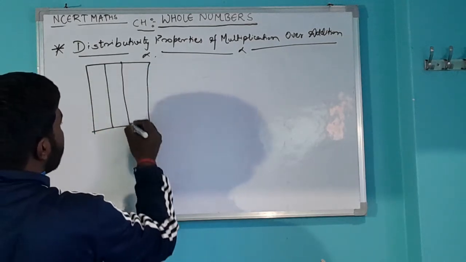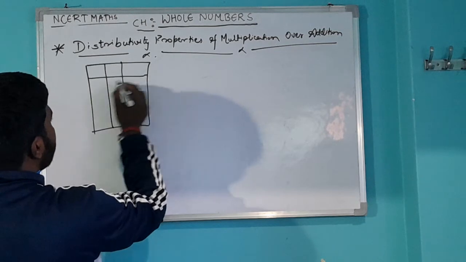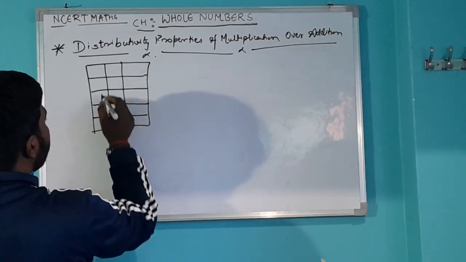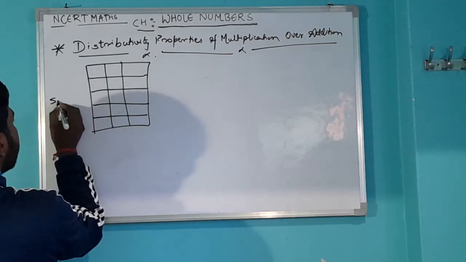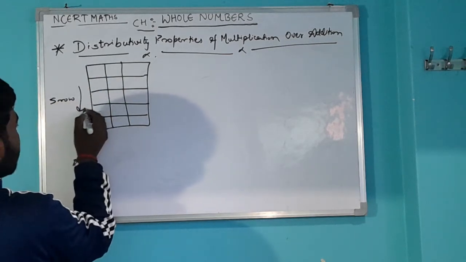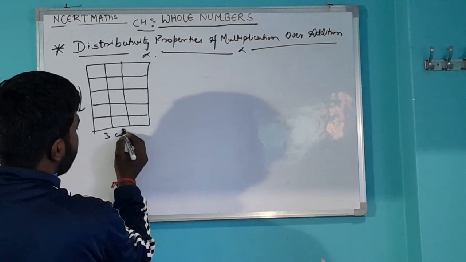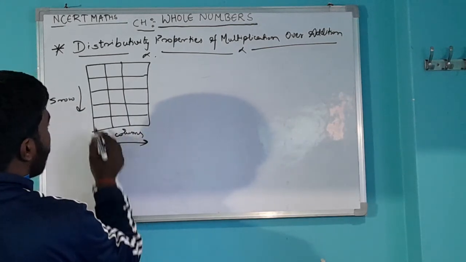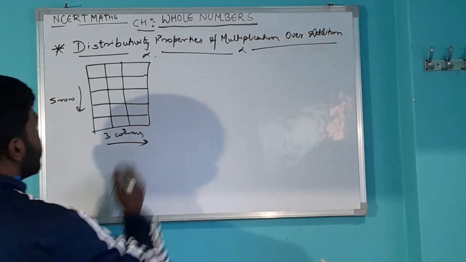In a box, we have 5 rows and 3 columns. These sections are called columns and this section is called rows.